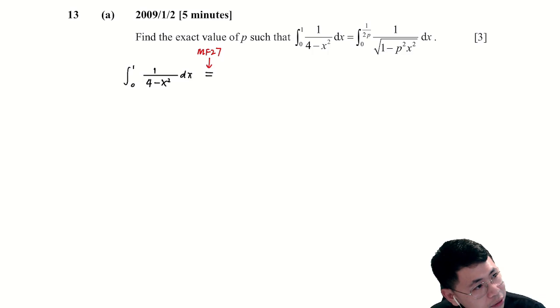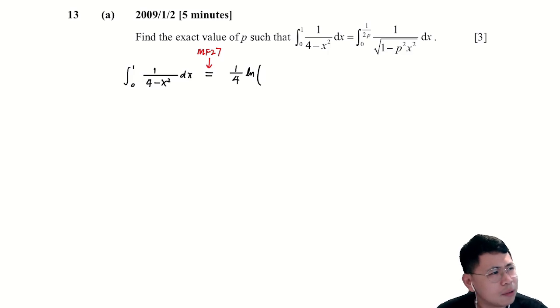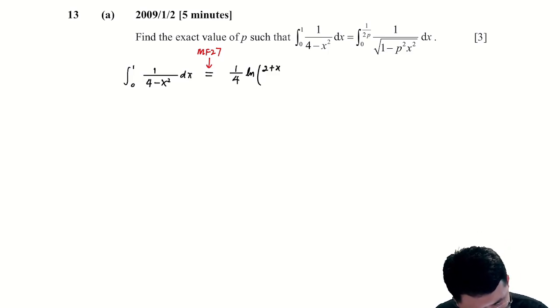So over here, what do we have? We have 1 over 2a, which is 1 over 4, then a ln of, the formula is (2 plus x) over (2 minus x).